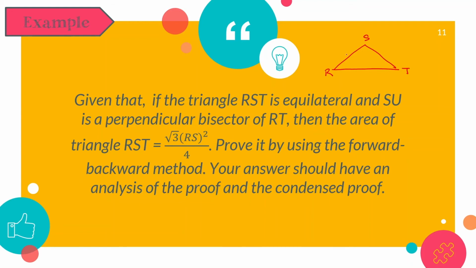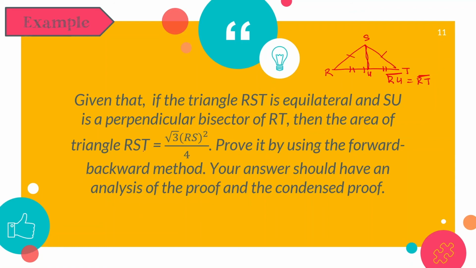Because it's equilateral, all sides will be the same length. And SU is a perpendicular bisector of RT. We make a line from S to U, and this is the perpendicular bisector, which means these two will have the same length. Line RU will be equal to line UT.